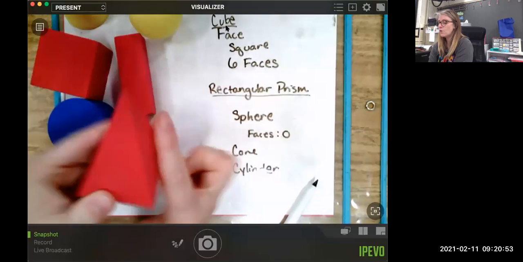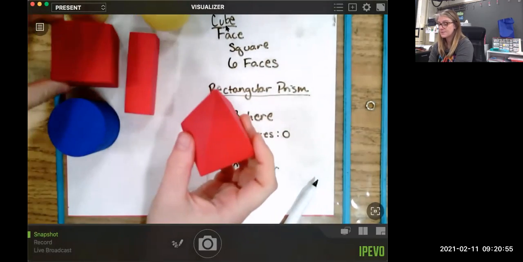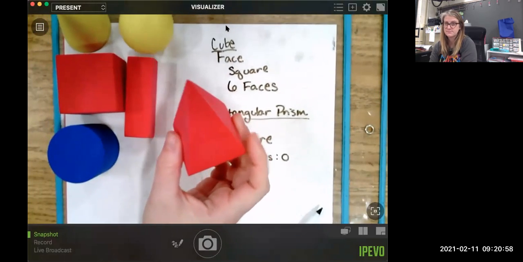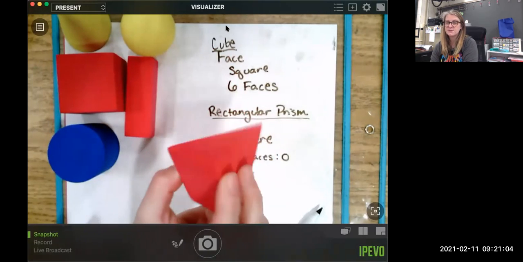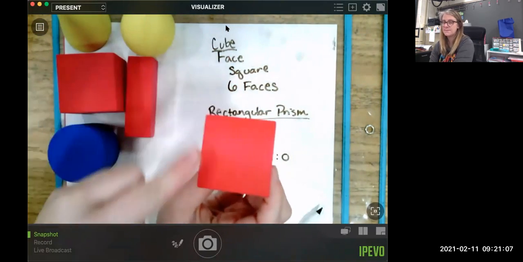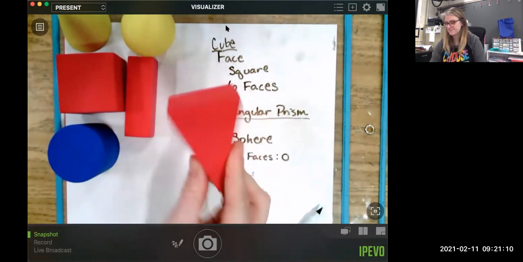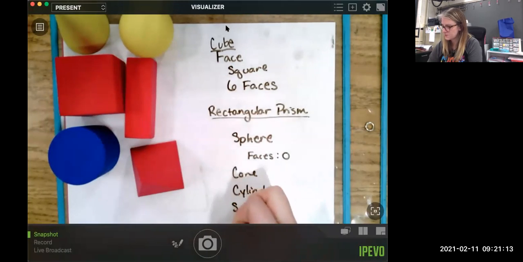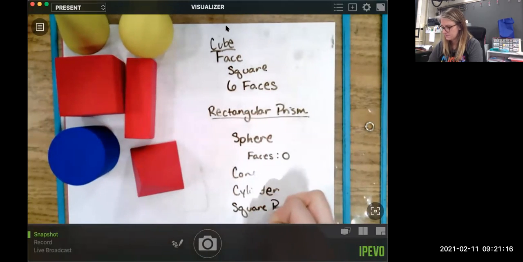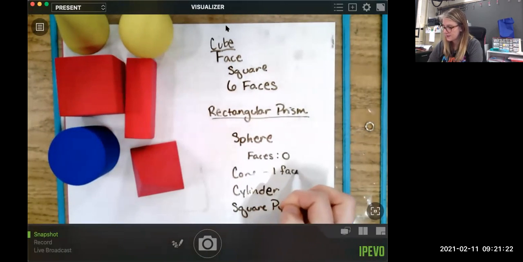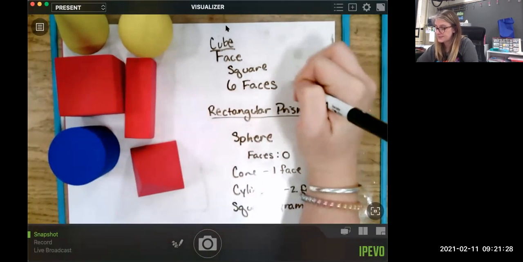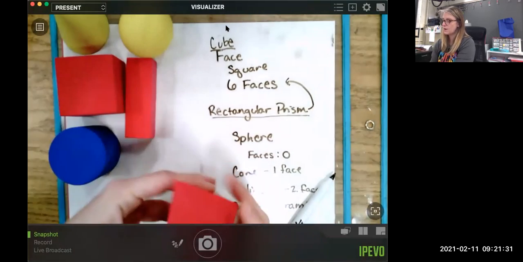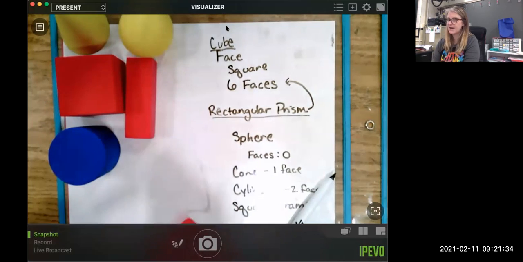It also has no curved sides, similar to our cube and our rectangular prism. This shape is called a square pyramid, and it is called a square pyramid because the bottom, the base, is square. So our last shape is a square pyramid. So our cone has 1 face. Our cylinder has 2 faces. Our rectangular prism has 6. And then our square pyramid has 1, 2, 3, 4, 5 faces.